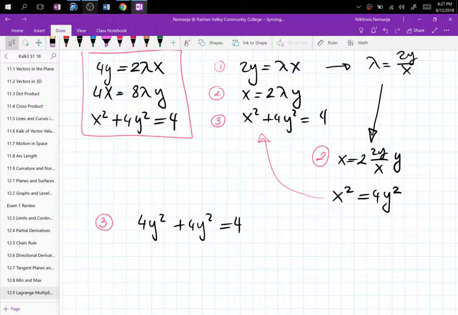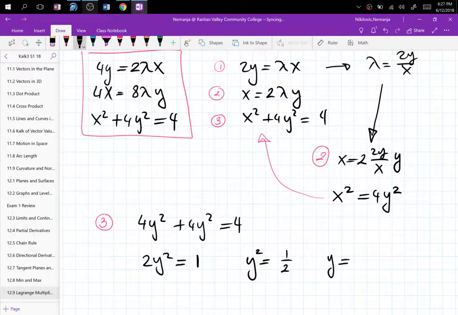Divide through by 4, so this is 2y squared is equal to 1, from where y squared is 1/2. So y is plus minus square root of 1/2, which is root 2 over 2.